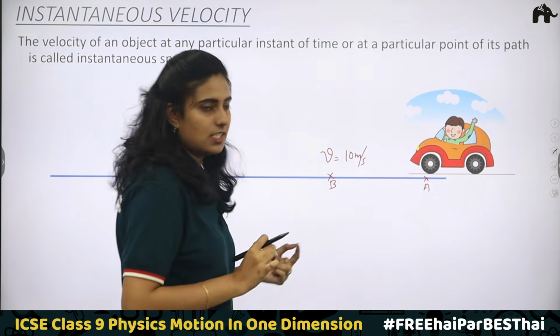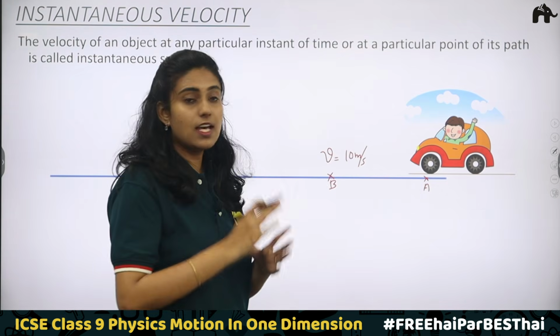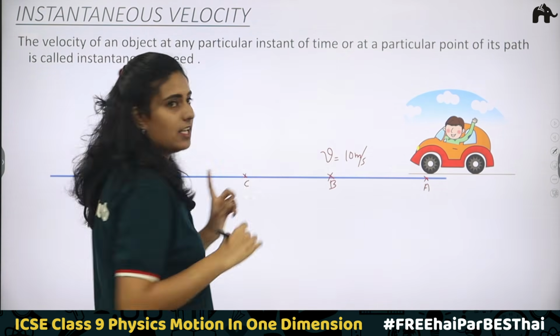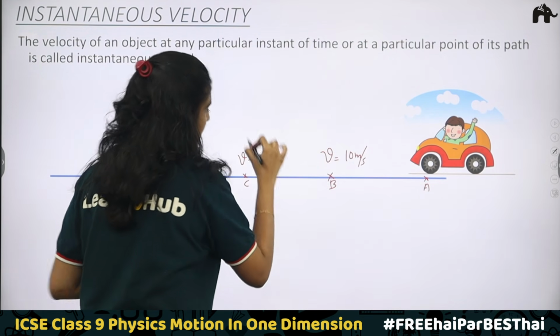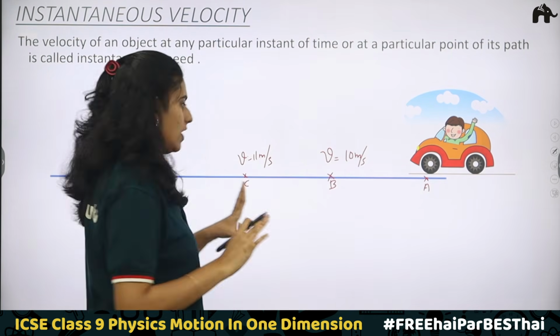This velocity is called the instantaneous velocity. On the speedometer, what it shows is the instantaneous velocity. At point C, let's say the velocity is equal to 11 meters per second. Then this 11 meters per second is nothing but the instantaneous velocity.